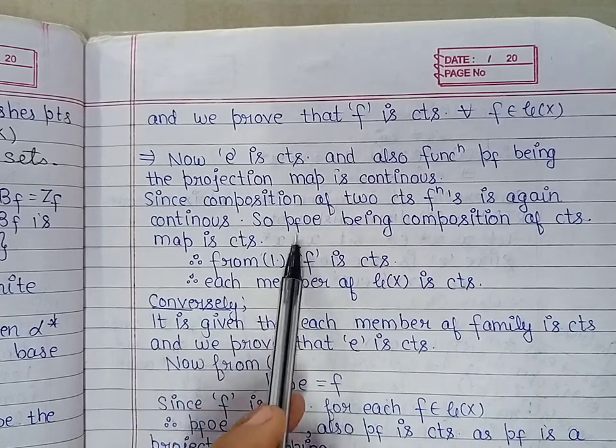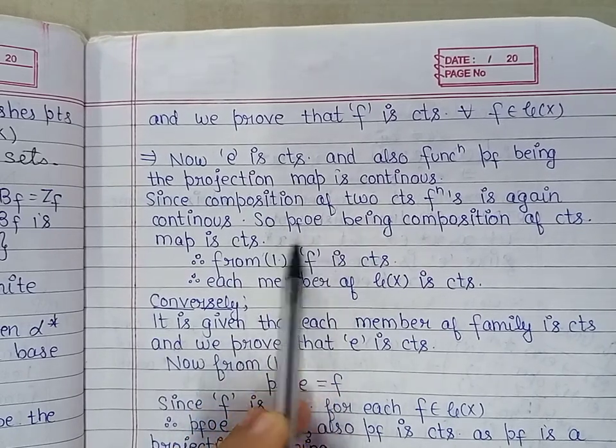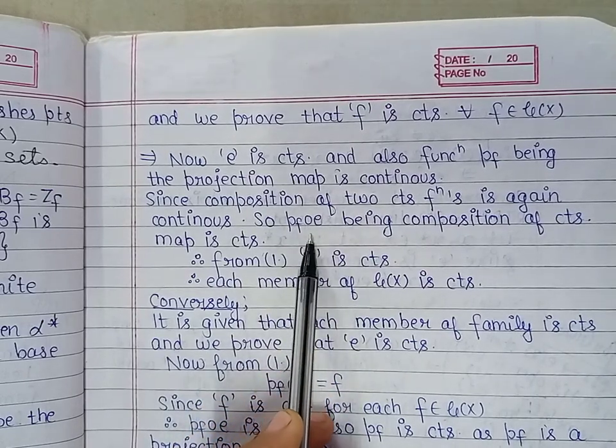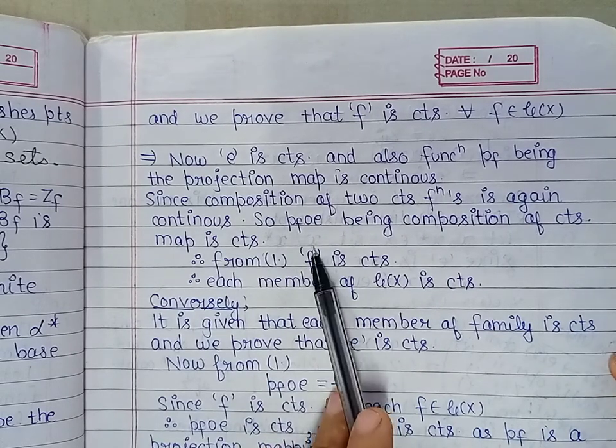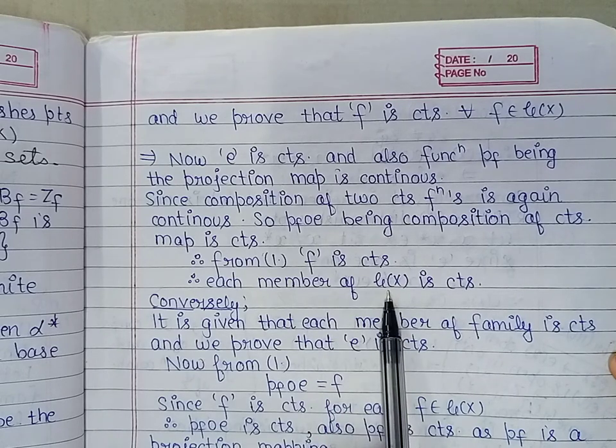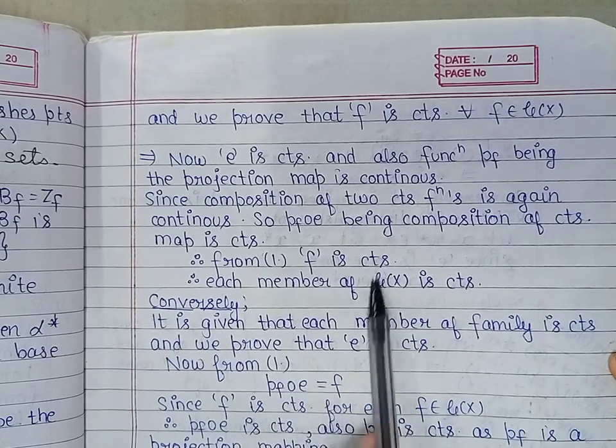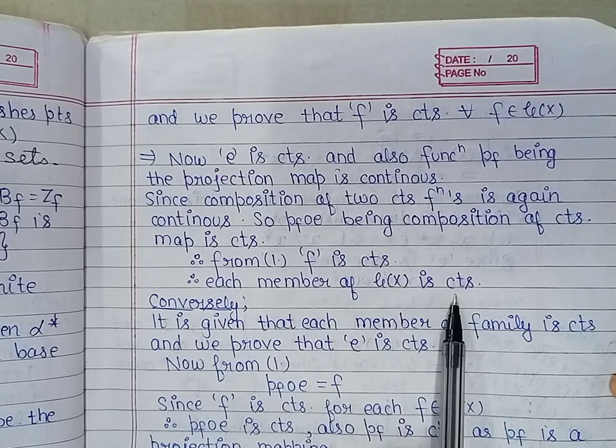So we can say that p_f of e is a continuous map, and we already discussed p_f of e is equal to f. So we can say that function f is continuous. f is an arbitrary member of the collection B_x. So we can say that every member of this family is continuous.